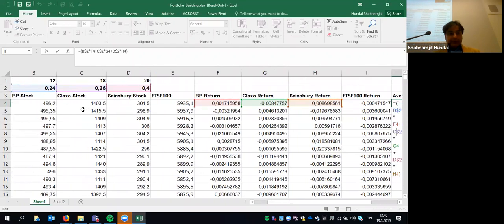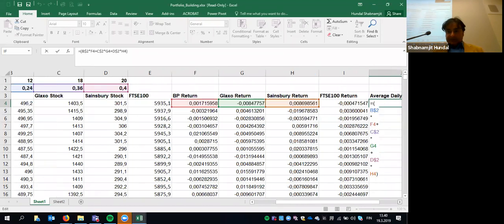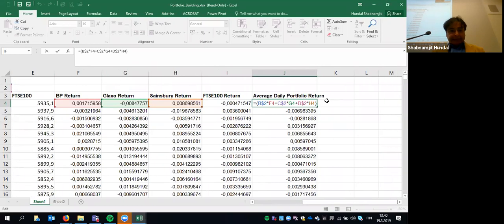B$2 is the 24% wealth which you invest in BP. And this will remain the same, because we agreed in the beginning that the investor would keep 24% of wealth in BP. Then you multiply with F4. What is F4? F4 is BP's stock return on 24th of February, plus C$2.